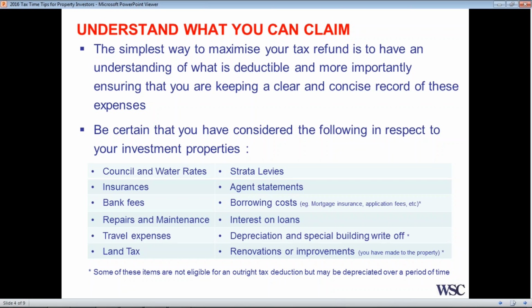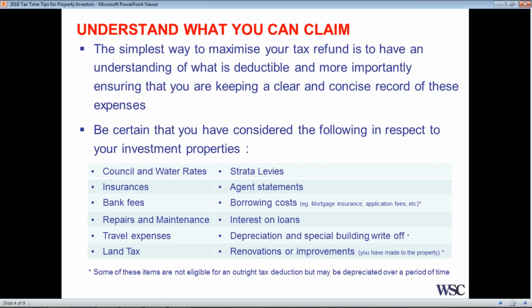Be certain that you've considered the following as well when we're talking about specific deductions in relation to your investment properties. You can see there the summary items that I've listed. Council and water rates, of course those costs are deductible. Strata levies, just one comment: there might be some circumstances where some special fees are of a capital nature, but normal strata levies in many cases are deductible.